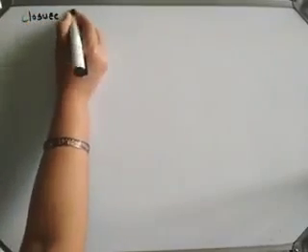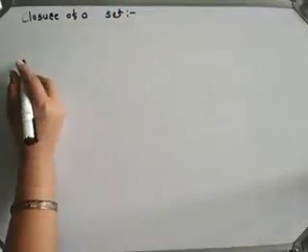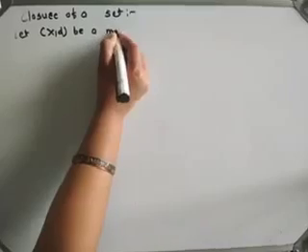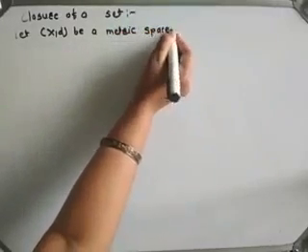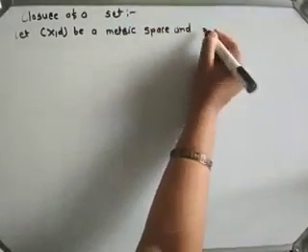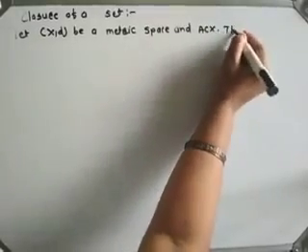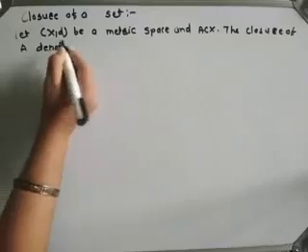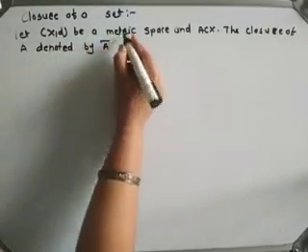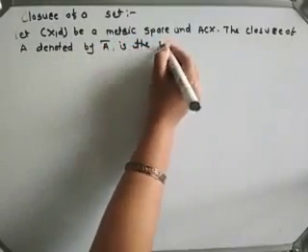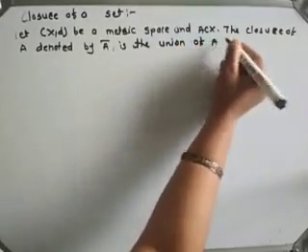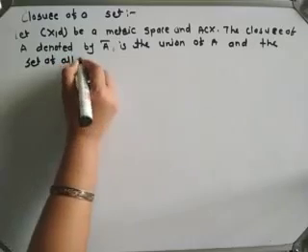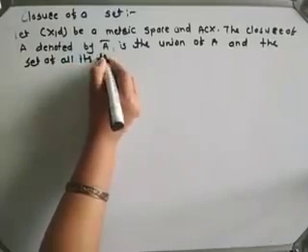Closure of a set. Definition: Let (X, d) be a metric space and A is a subset of X. The closure of A, denoted by A closure, is the union of A and the set of all its limit points.